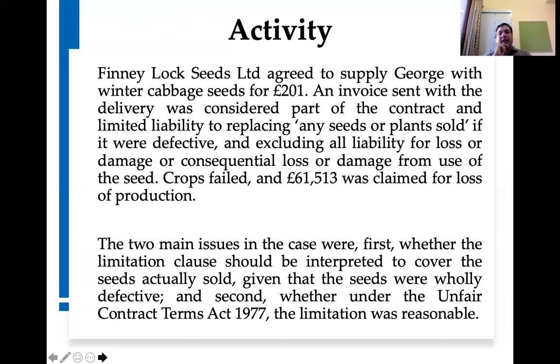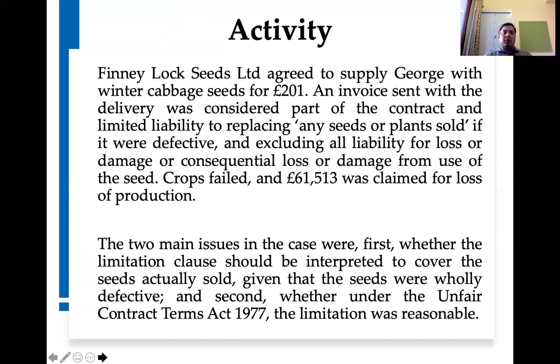An invoice sent with the delivery was considered part of the contract and limited liability for replacing any seeds or plants sold if defective, and excluded all liability for loss or damage or consequential loss or damage from use of the seed. Crops failed and £61,513 was claimed for loss of production.